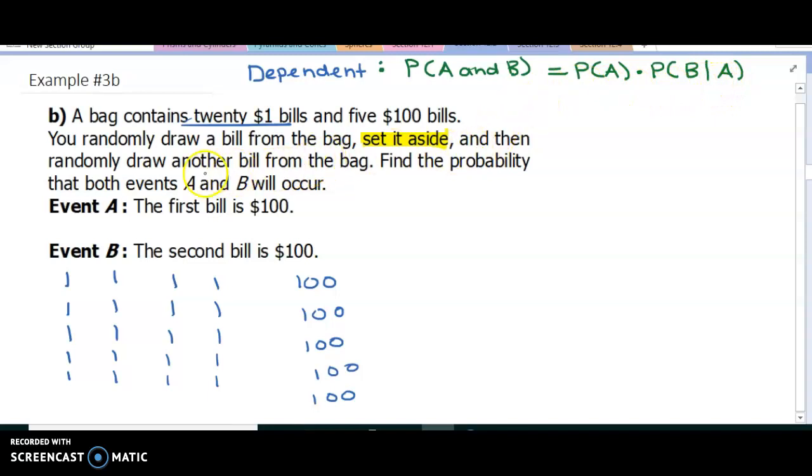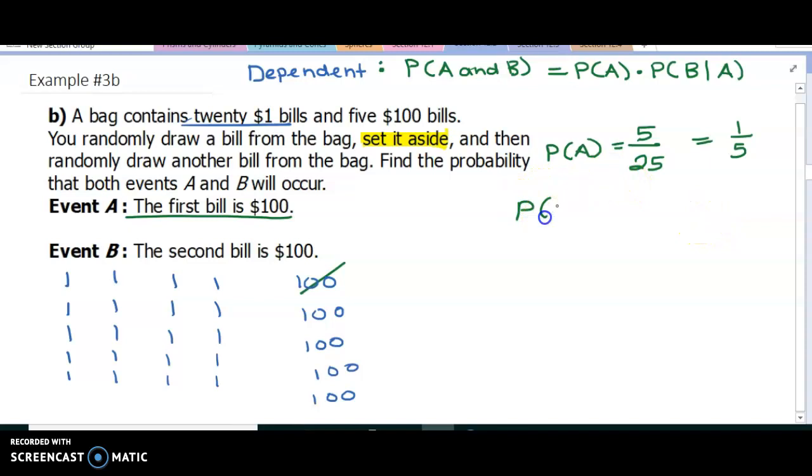The probability of A is the probability that the first bill is $100. Okay, well, let's draw a $100 bill. That's 1, 2, 3, 4, 5. 5 out of 25 total bills, or just 1/5. So say we draw this $100. Done. 1 in 5 chance we draw a $100 bill.